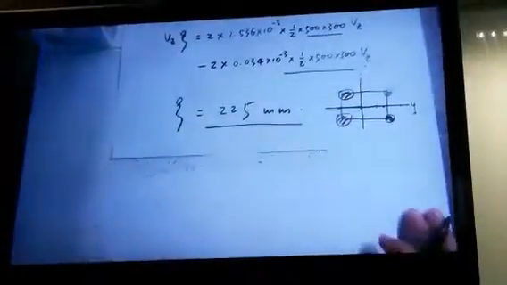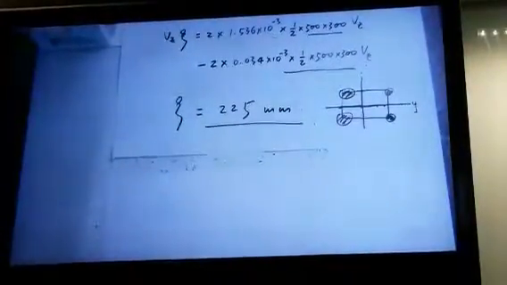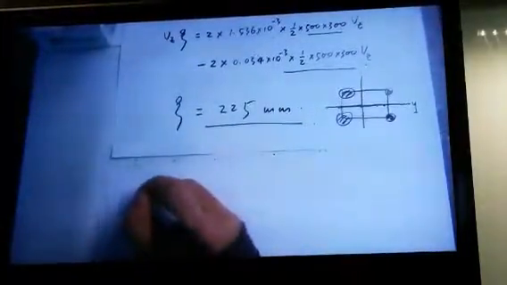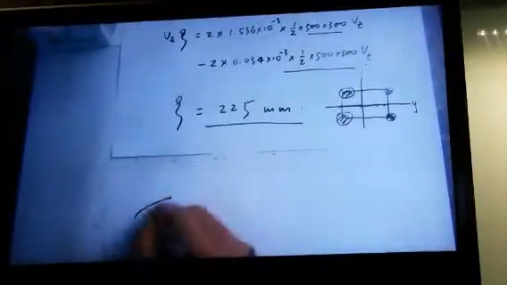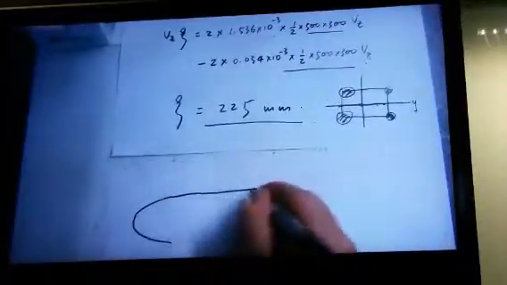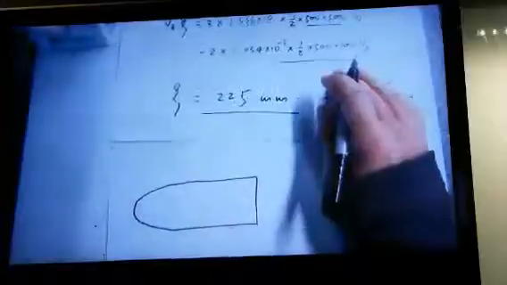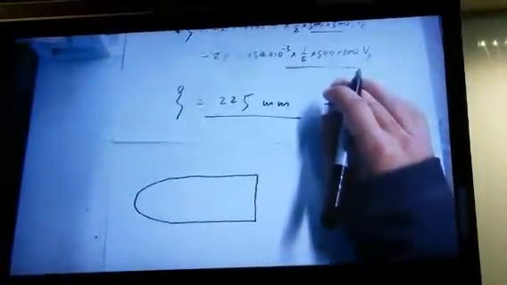And in homework 3, at least one of the problems is very complicated, so I will give you some hints. It's also a closed section beam. It's like this. It's symmetric, but it's curved. It's not a simple rectangular area anymore.